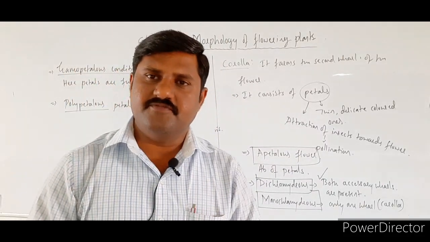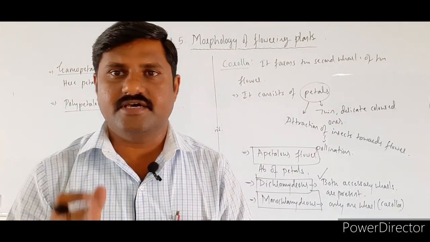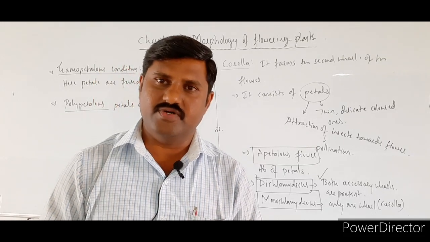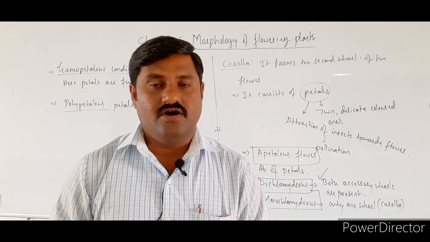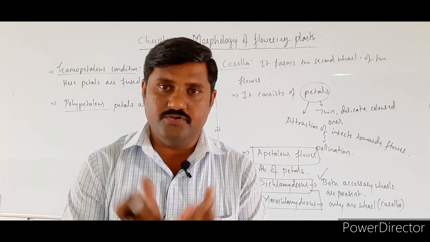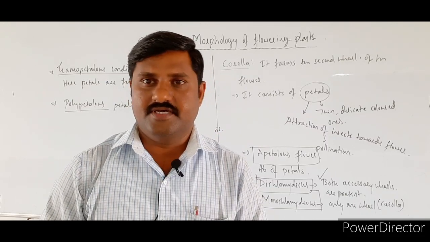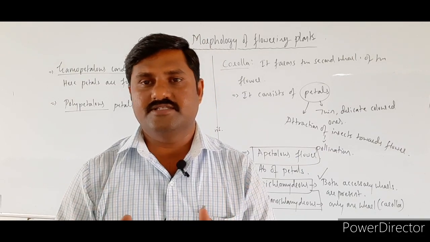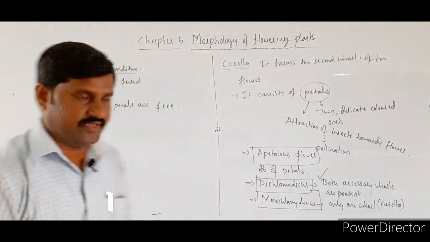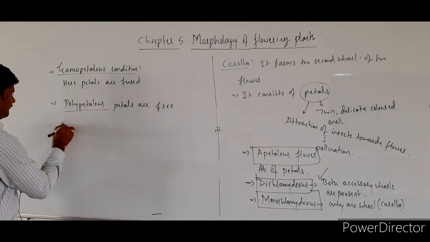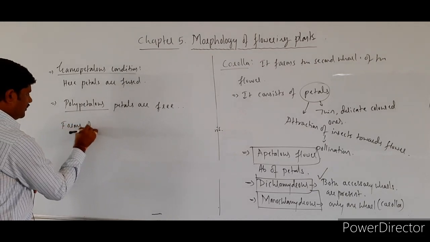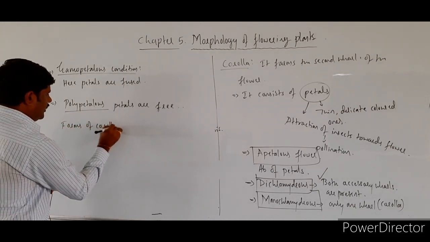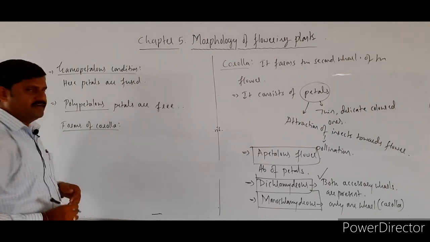There are different forms of corolla that we come across. Sometimes all the petals are fused, forming some shapes, right? So based on that, we come across different forms of petals or corolla. Forms of corolla. What are the different forms?